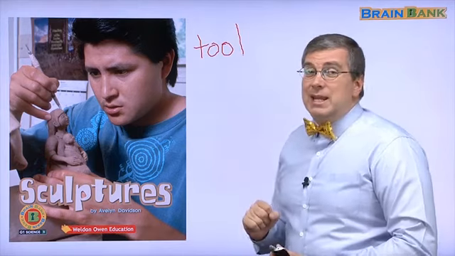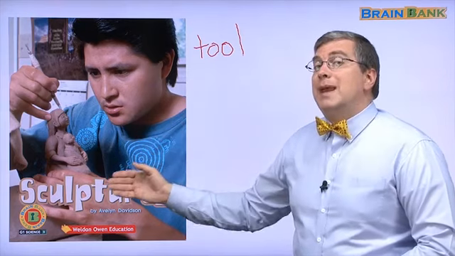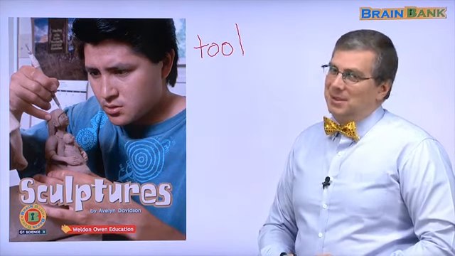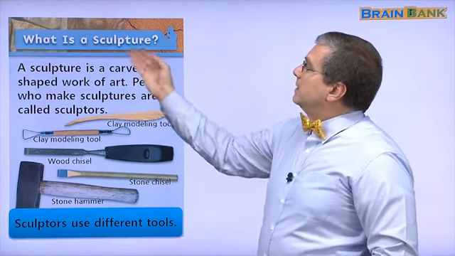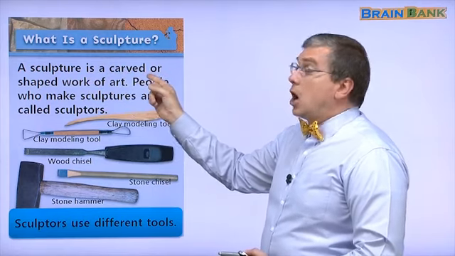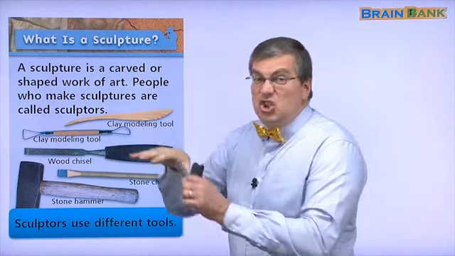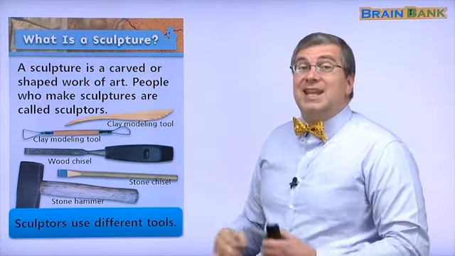So let's read about sculptures and the people who make them. Are you ready? Let's begin. What is a sculpture? A sculpture is a carved or shaped work of art. It's art.